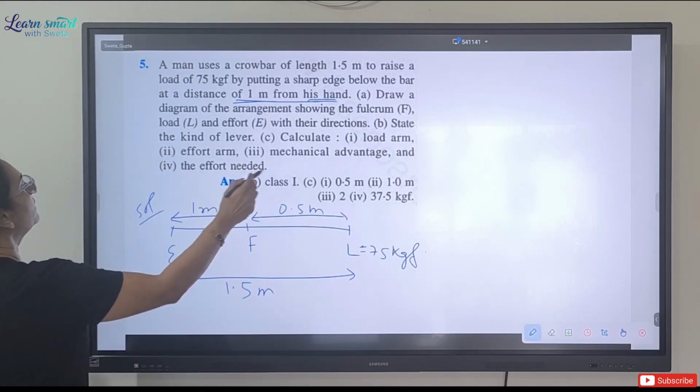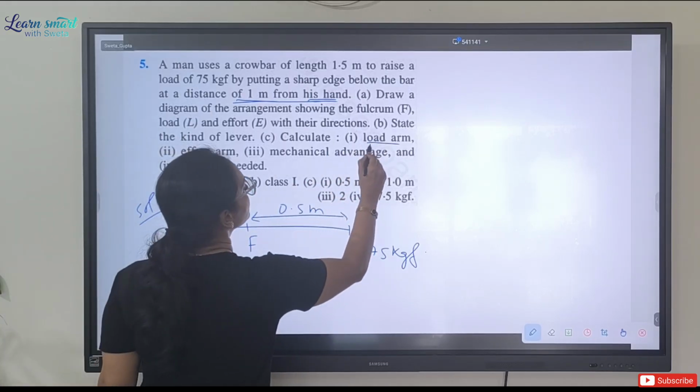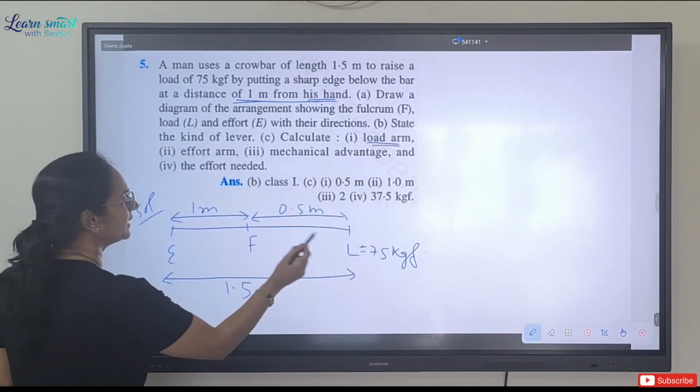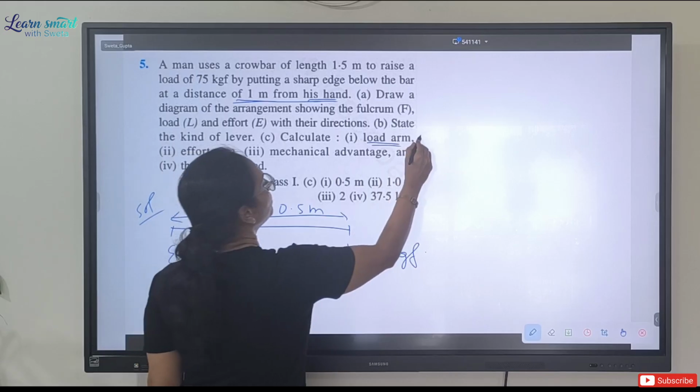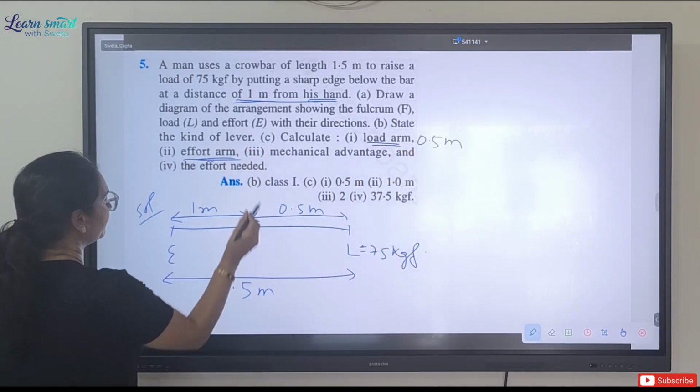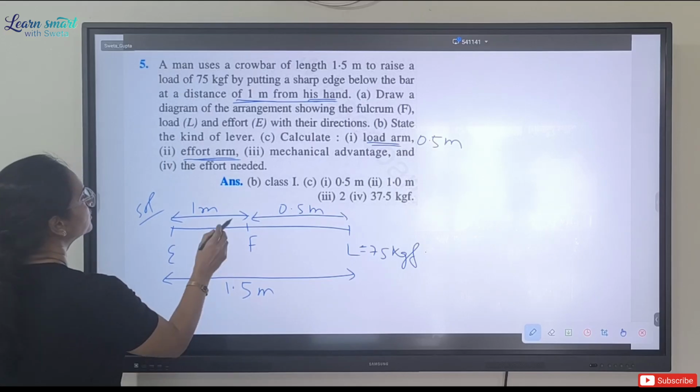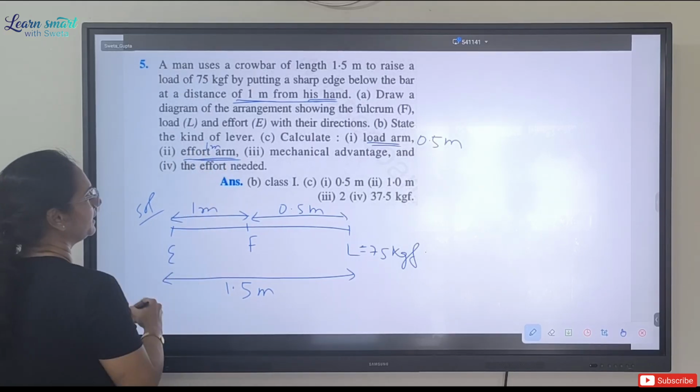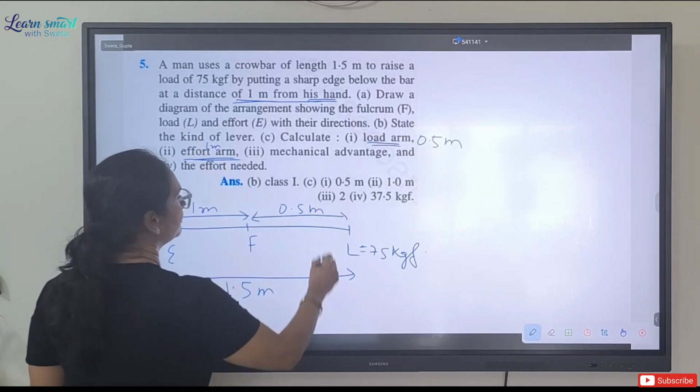Now calculate the load arm they are asking. So load arm is the distance between the load and the fulcrum, which will be 0.5 meter. Now calculate the effort arm. Effort arm is the distance between the effort and the fulcrum, which is 1 meter. And now mechanical advantage.